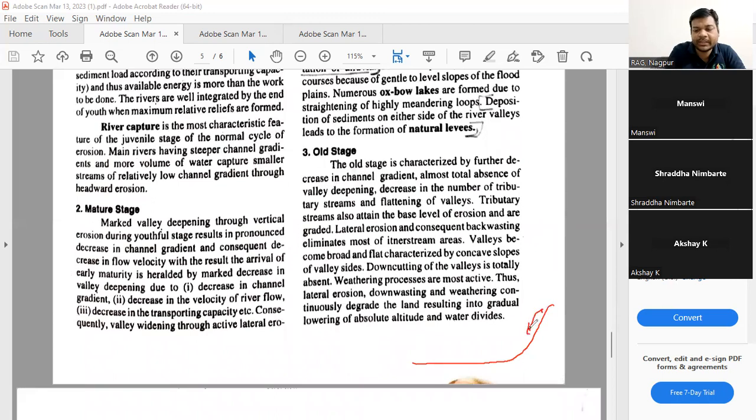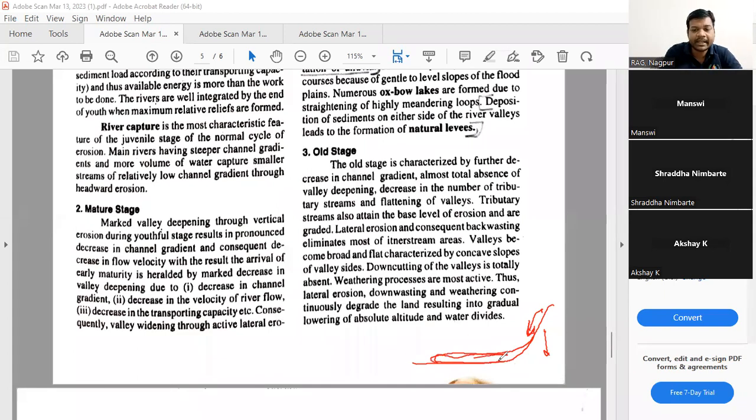The river was flowing here on the slope, so it had a high gradient, and it could go for active down cutting because of the force. Now such a river, when it came onto the plains, lacks the gradient.